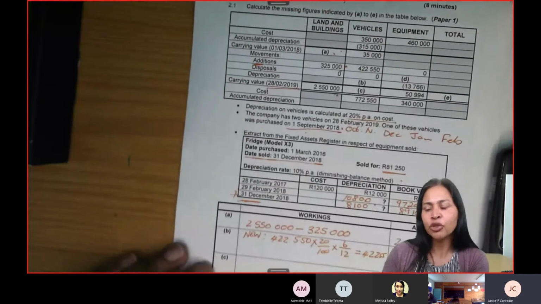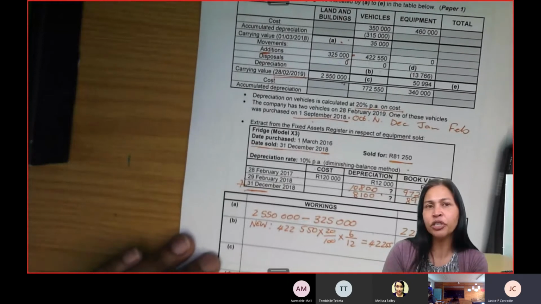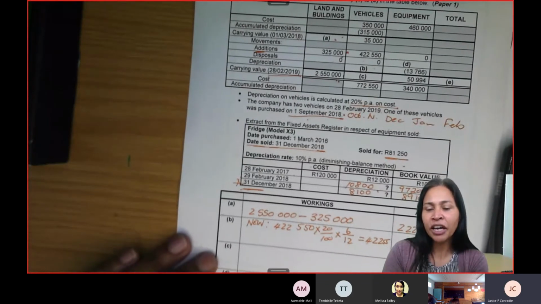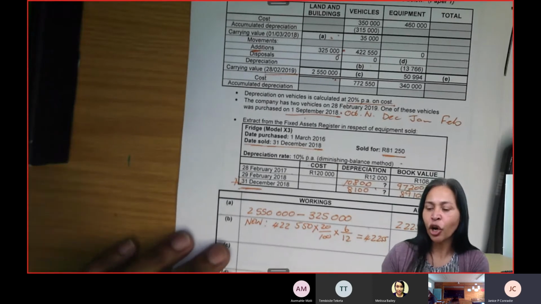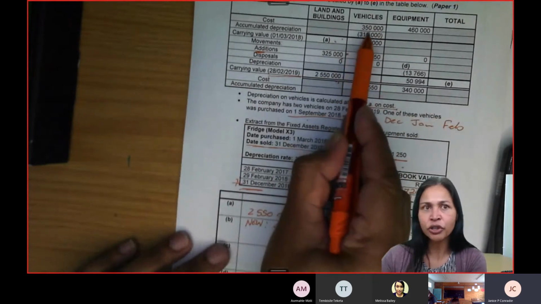Now remember earlier when I started, I mentioned that when an asset is fully depreciated, we need to take into account that the asset must be shown at a minimum carrying value of R1.